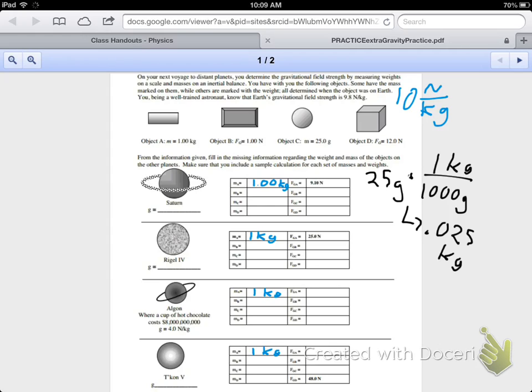So everywhere where you see mass C, you have 0.025 kilograms.